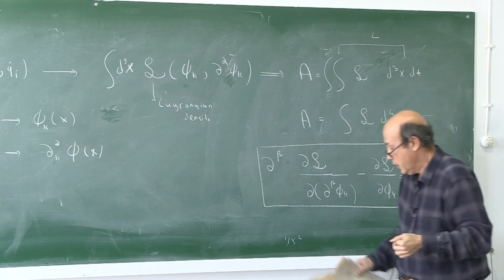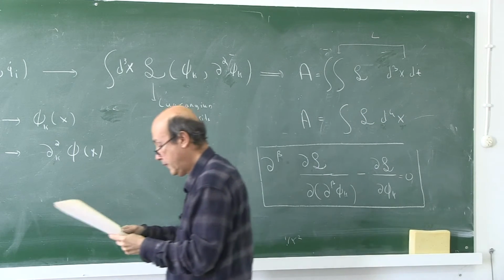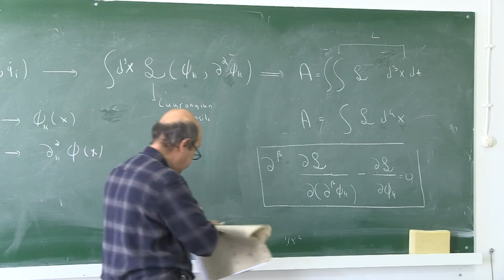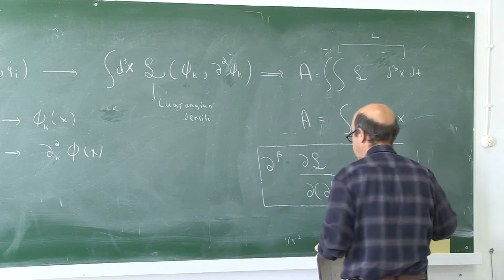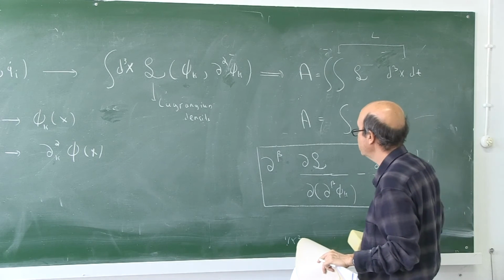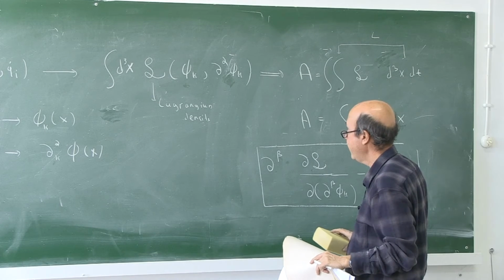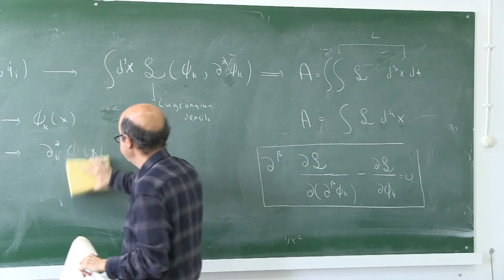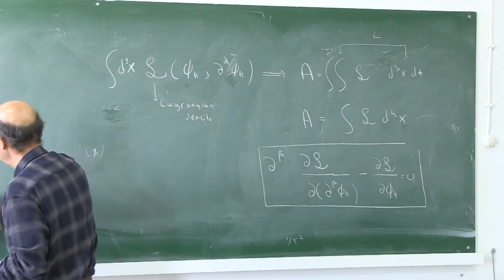You will find the equation of motion of fields. Okay. Now, this is the general definition. Let us try to apply this general definition to the electromagnetic fields.